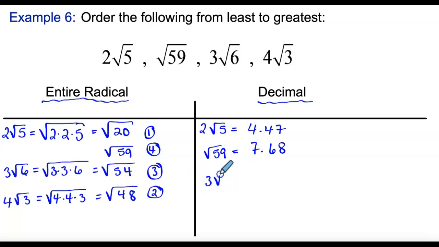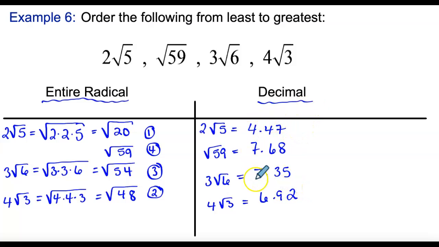And 3 times the square root of 6 could be written as 7.35. And last but not least, 4 times the square root of 3 could be written as 6.92. So in each of these cases, we've rounded off to 2 decimal places.